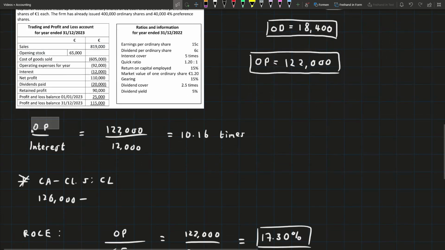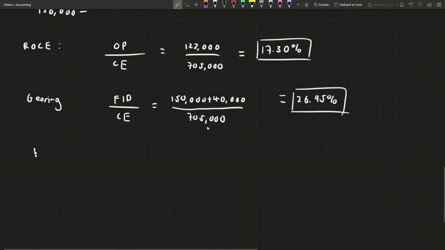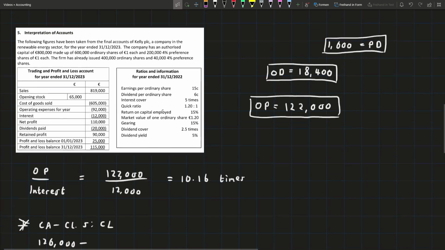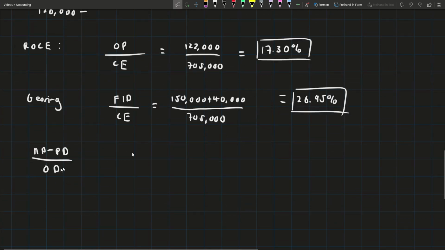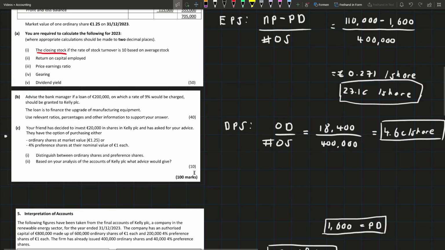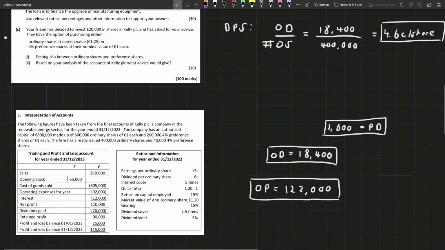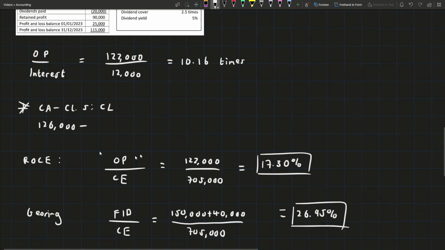Except we're not going to use operating profit. Remember, if it has anything to do with dividends or shares, we use net profit minus the preference dividends, and then divide that by the ordinary dividends. We want to see how many times does the ordinary dividends fit in. It says dividend cover, it means ordinary dividend cover. It just doesn't say that because it's silly. So net profit is 110,000.